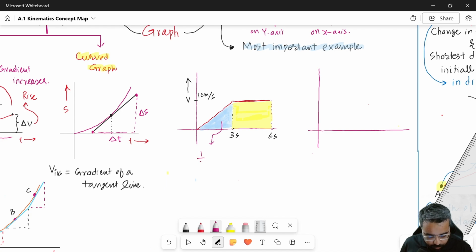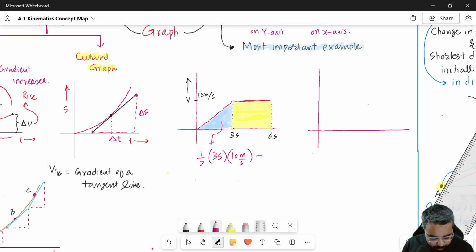So that is 1 over 2 into the base of the triangle, look at the unit, 3 seconds, and into the height, that is 10 meter per second. Even if you check, meter per second multiplied by second gives the answer in meters, which means it is the displacement covered.